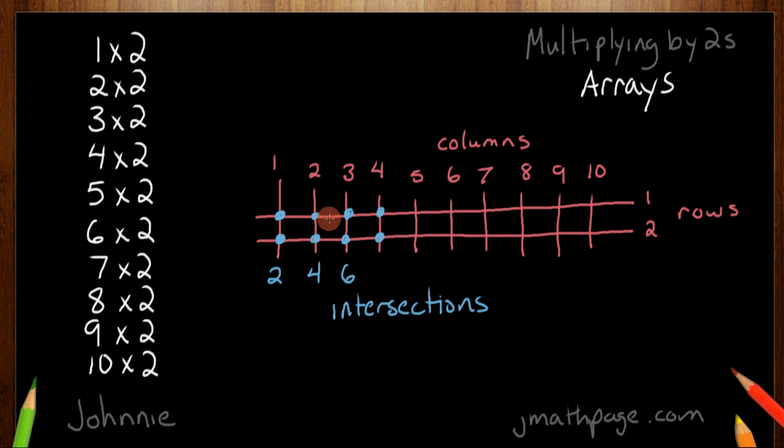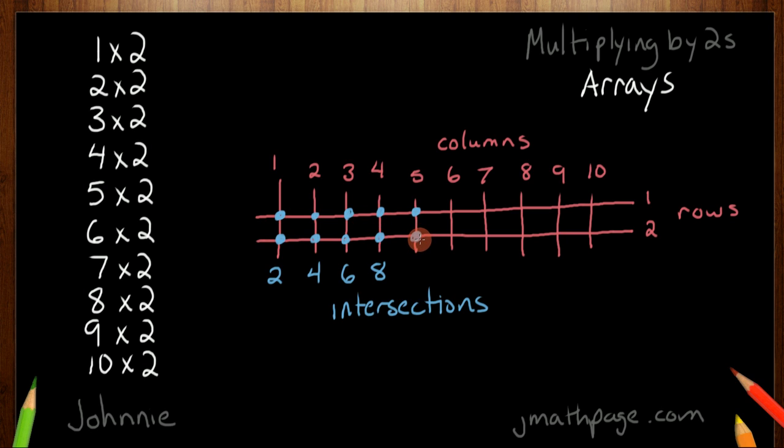I have 1, 2, 3, 4, 5, 6, 7, 8 intersections. What about 5 columns and 2 rows? I'll add these to our total so far, and we have how many intersections? 1, 2, 3, 4, 5, 6, 7, 8, 9, 10.